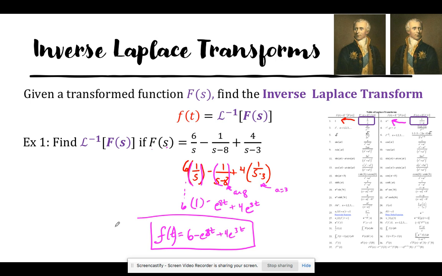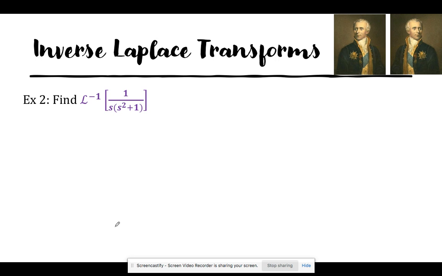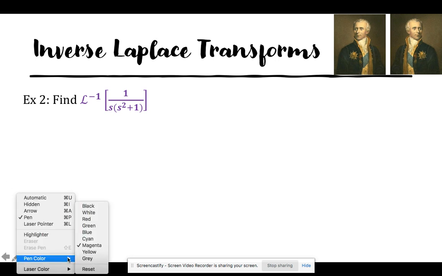Cool beans. Let's do another one. So it's super nice when everything matches up with my table like that. So that is always step one. Step one is always look at the table.